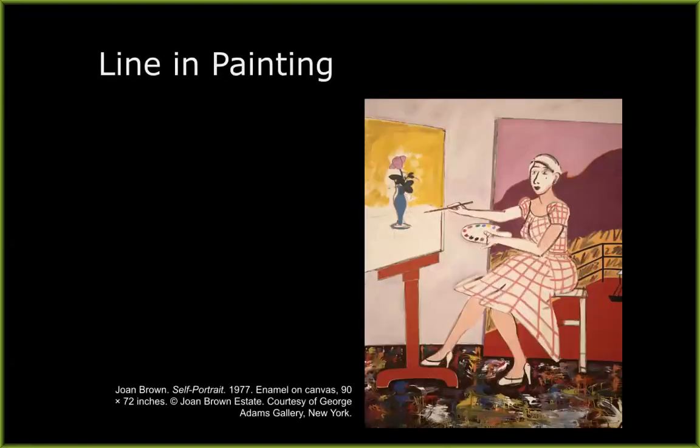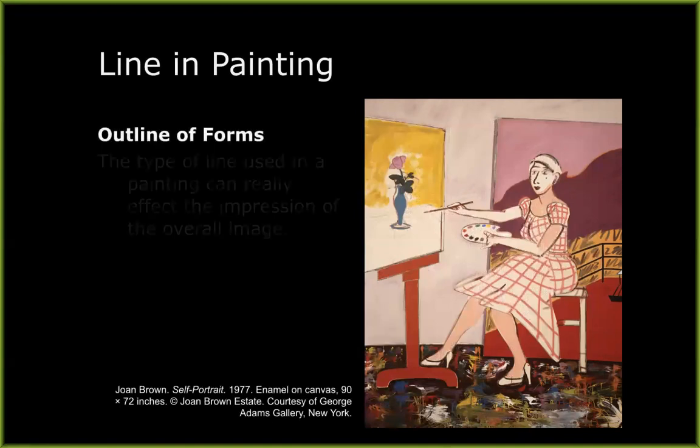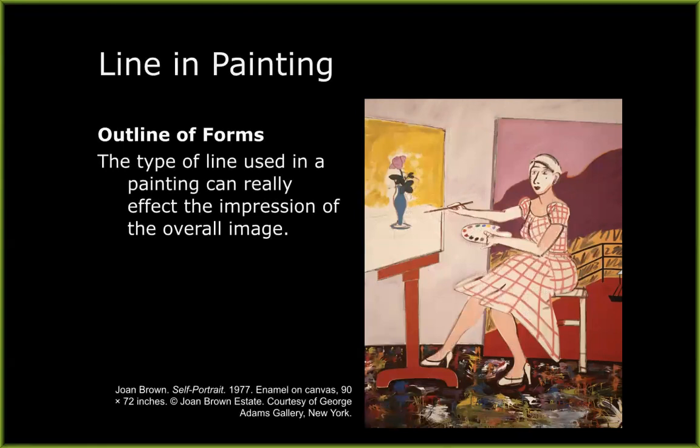In painting, you'll see line. You'll see a lot more than line. You'll see edges that are defined by color changes, but that always gives you an implied line. So you may see actual forms that are outlined, or you may see implied lines when shapes change from one to another.